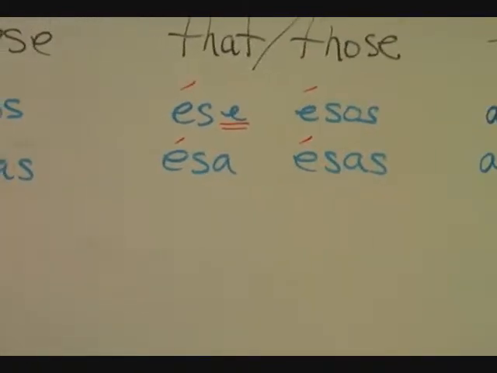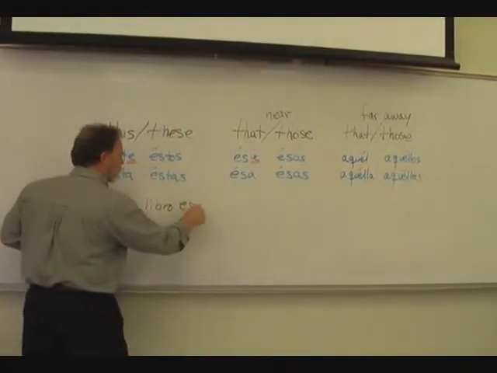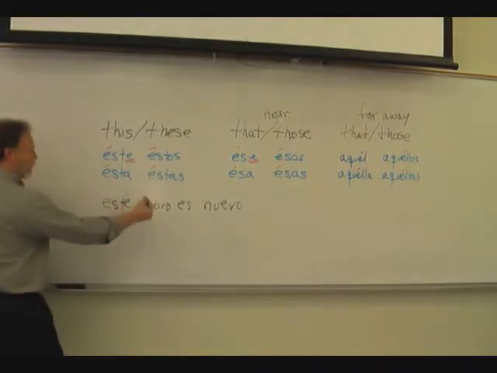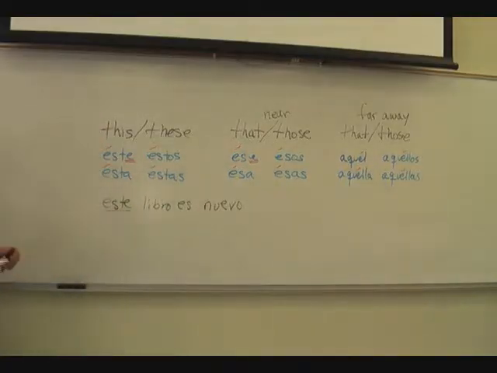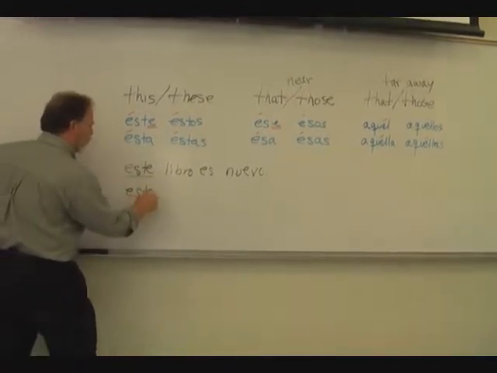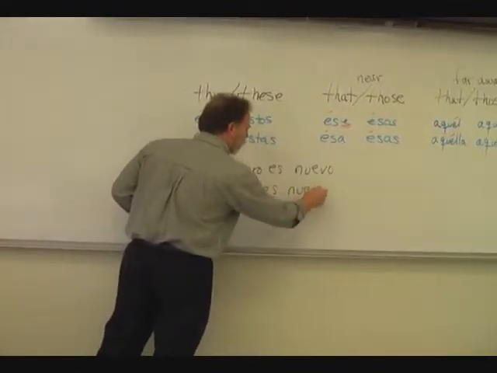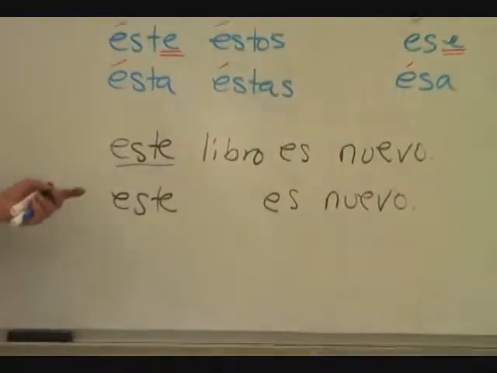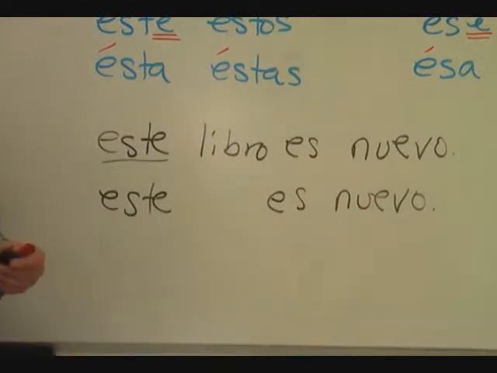If I say, este libro es nuevo, I'm saying this book is new, and I'm using a demonstrative adjective. If I simply remove libro and say, este es nuevo, I'm saying this one is new.